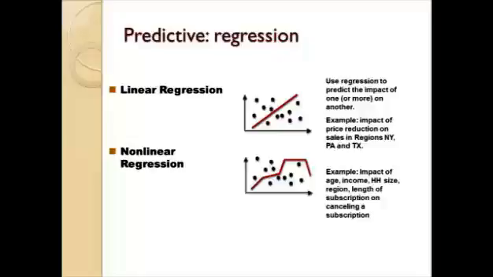The regression can be linear or non-linear. If it's linear, that means the regression line is a straight line. If it's non-linear, then the regression line is not a straight line.